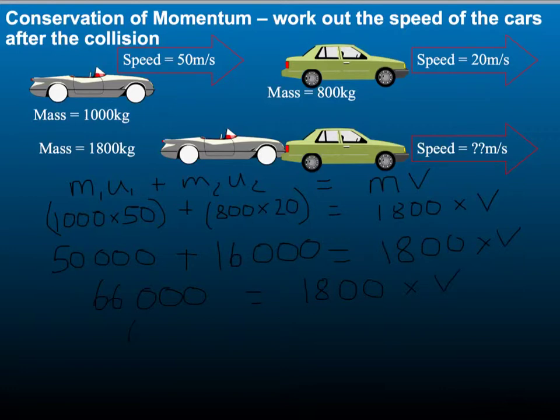To get v by itself, we need to do 66,000 divided by 1800 equals v, and the answer is 36.7 meters per second. So after the collision, these two objects move off at a velocity of 36.7 meters per second.